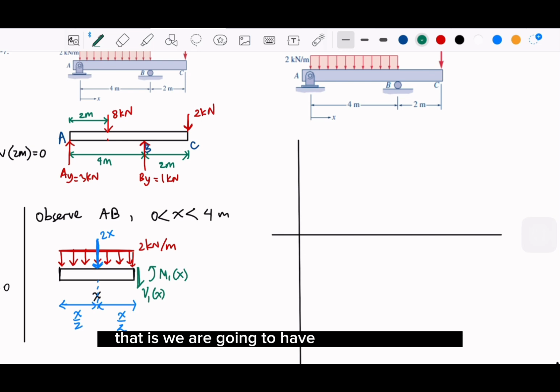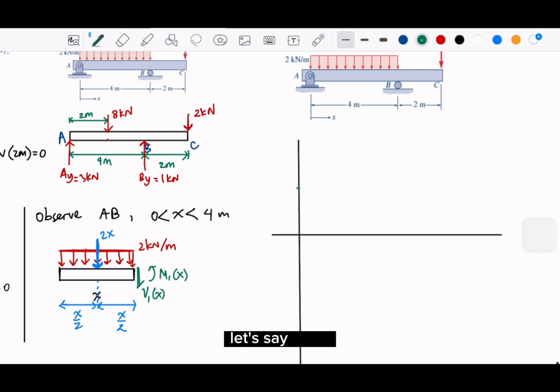That is, we are going to have Ay, which is 3. Let me use the green color. So 3 will be here. Okay, 3 is there, and then what would happen? It will go down, right?